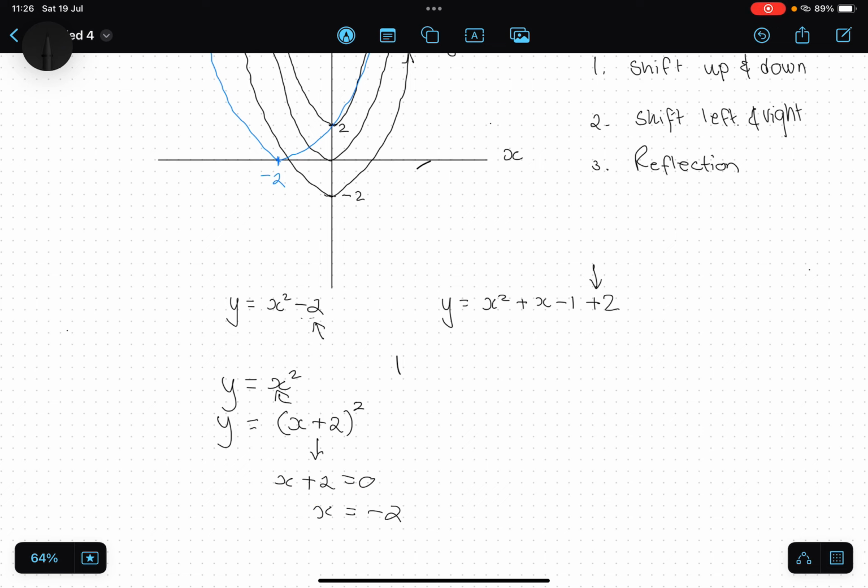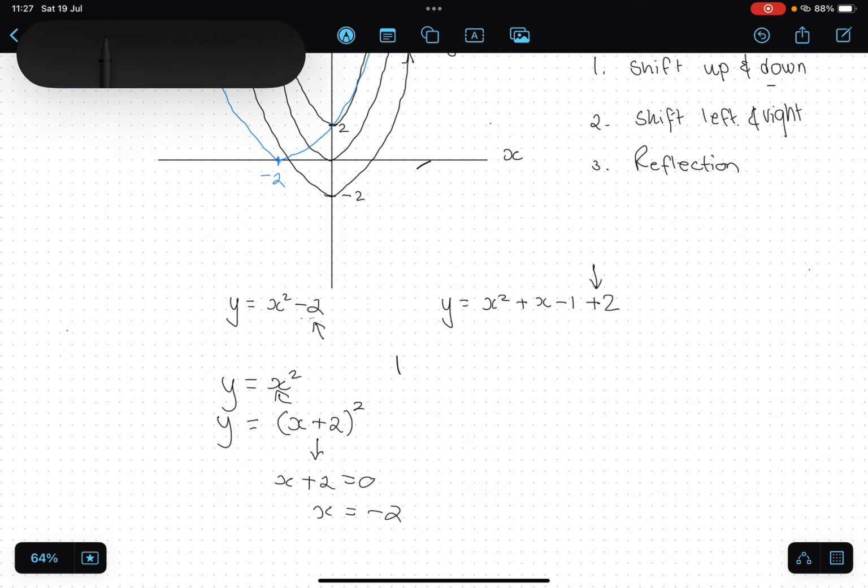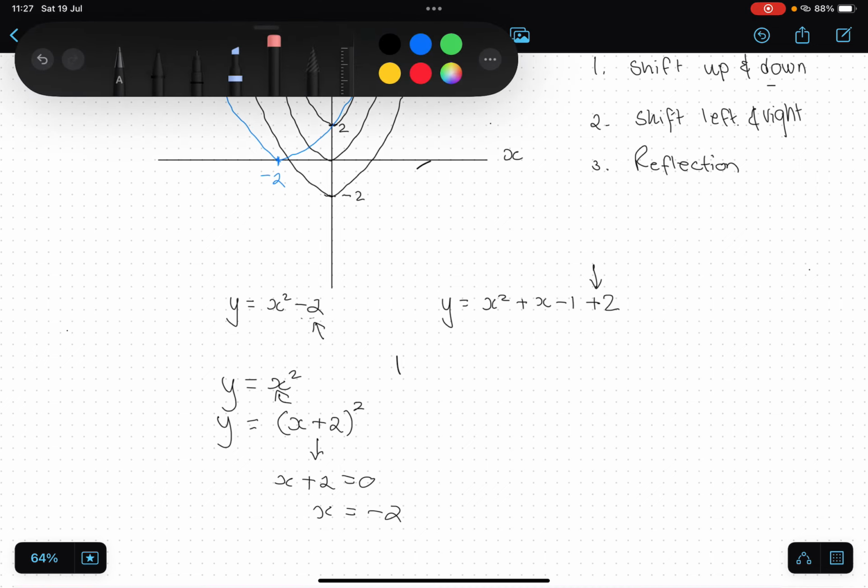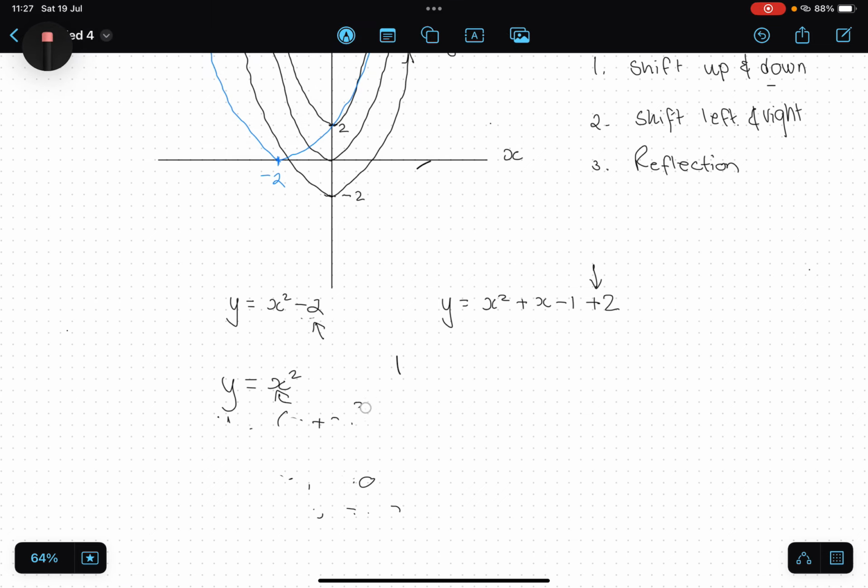So if you solve that, you would get minus 2 out there. So basically, it's just a standard rule that in the bracket, when you're shifting left or right, you have to choose the opposite sign. Okay, so just be careful of that one. So it's always going to be the opposite sign.